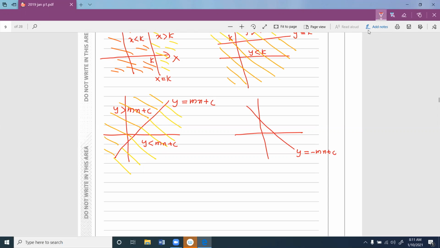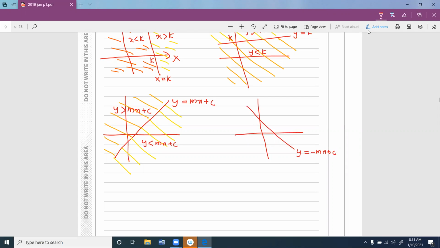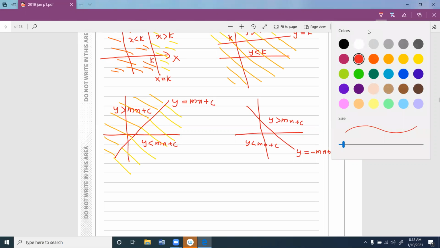Over here also, this part is y is greater than mx plus c, and this becomes y is less than mx plus c. That is how you can justify coloring this.